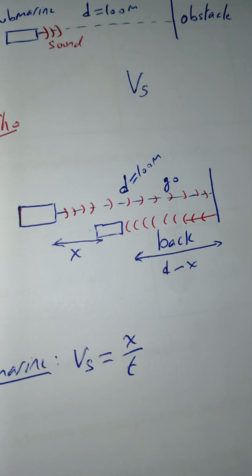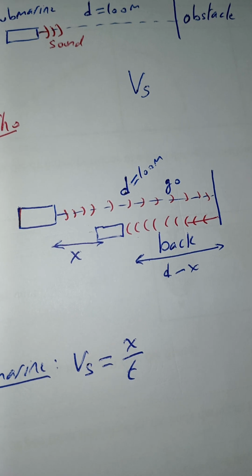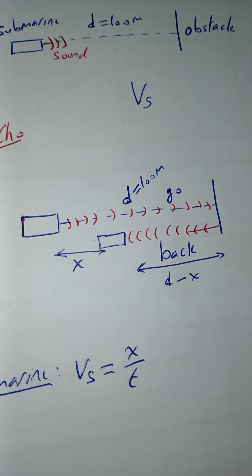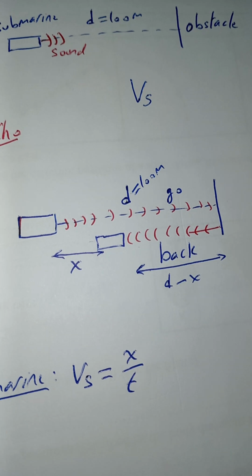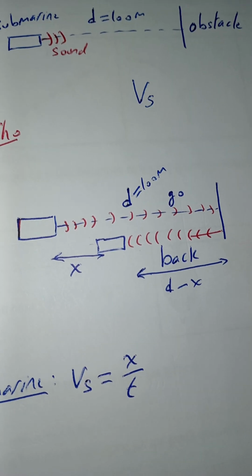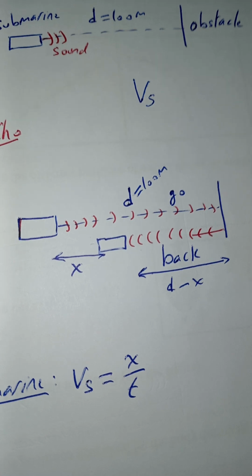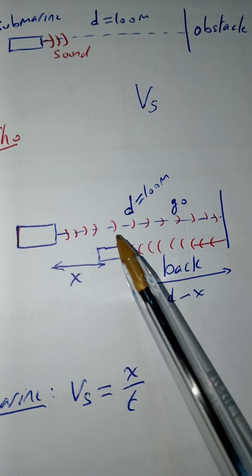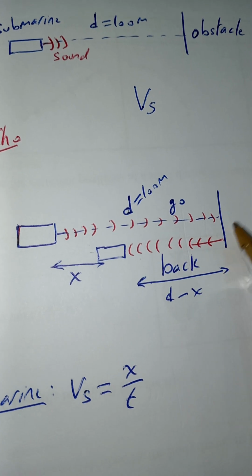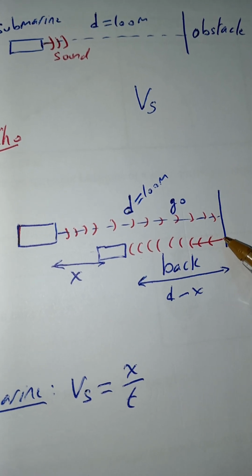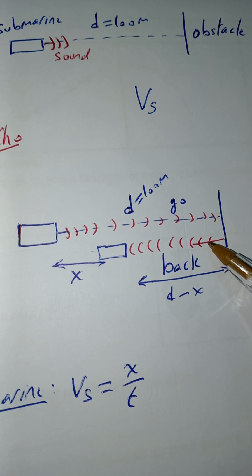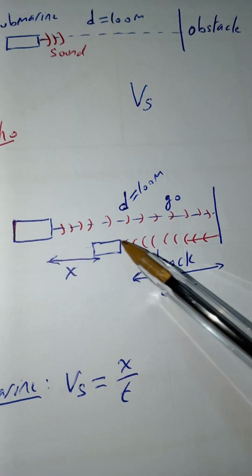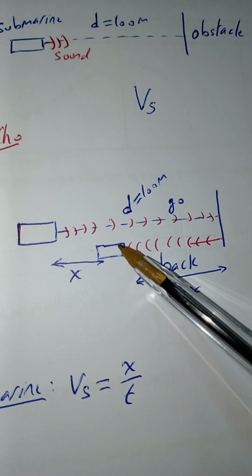For that, we consider this submarine that moves with constant speed Vs. So Vs is the speed of the submarine, and from a distance of 100 meters it emits sound. This sound propagates in water to hit the obstacle and reflect on it to continue its path towards the submarine.